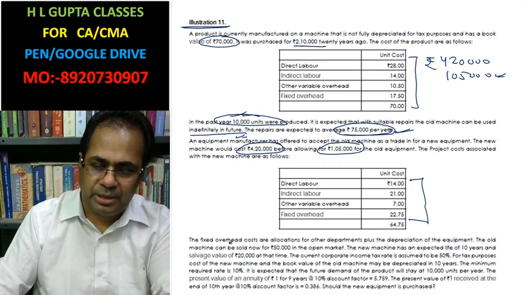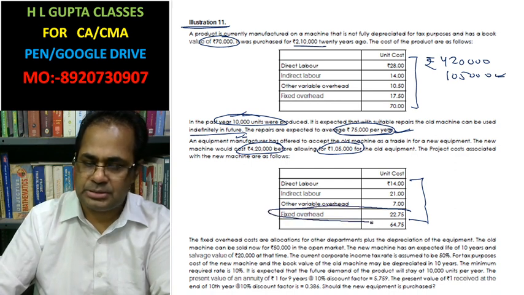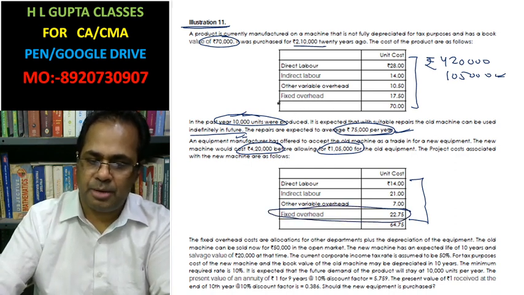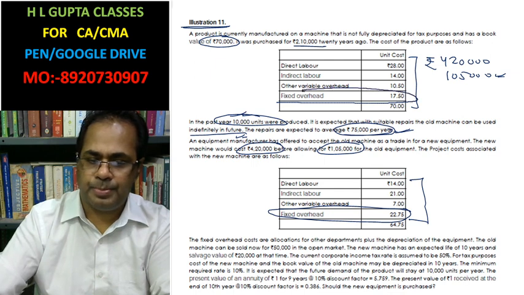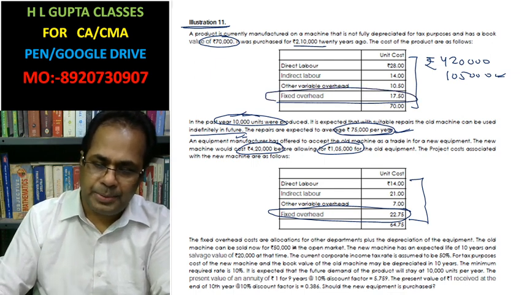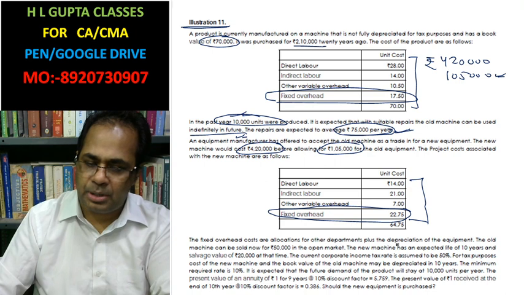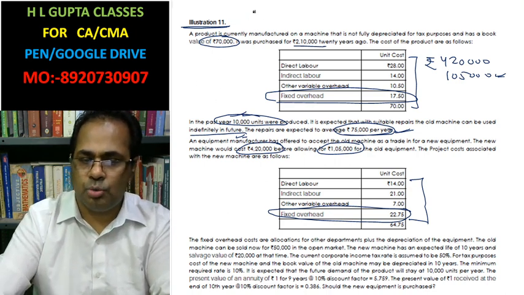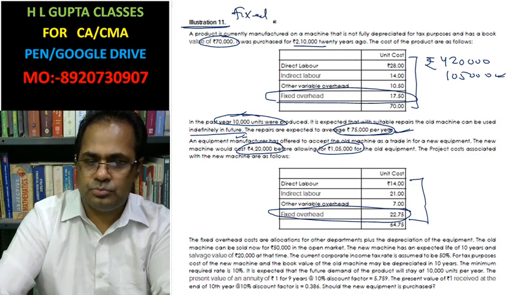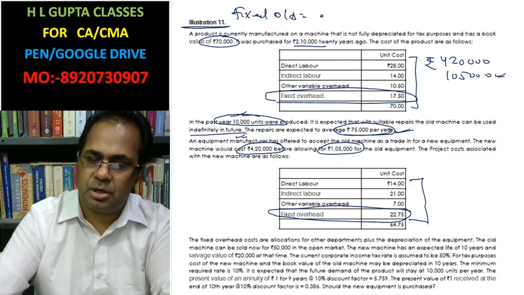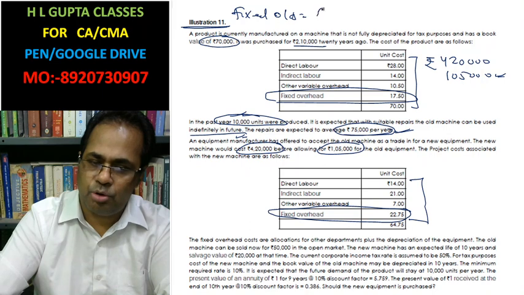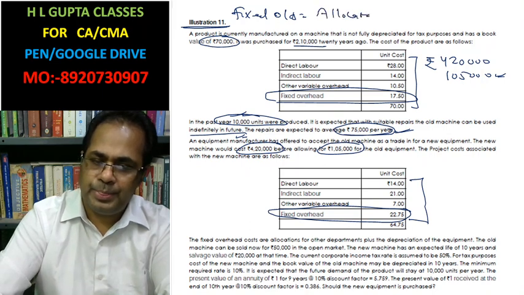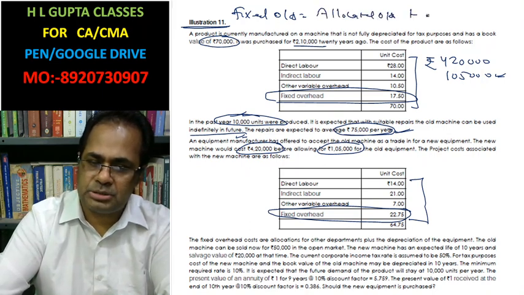Now the fixed overheads. It is saying about the fixed overhead: the fixed overhead allocation to the other department plus depreciation of the equipment. It means fixed overhead is a combination of two things: allocated overhead plus depreciation.